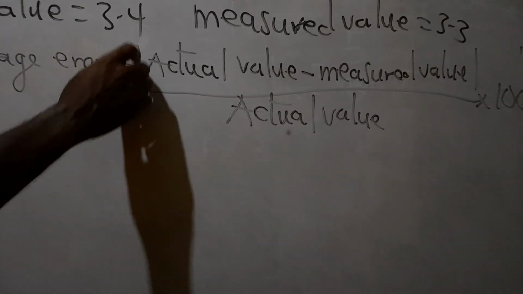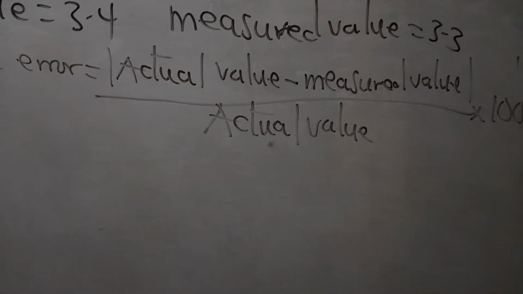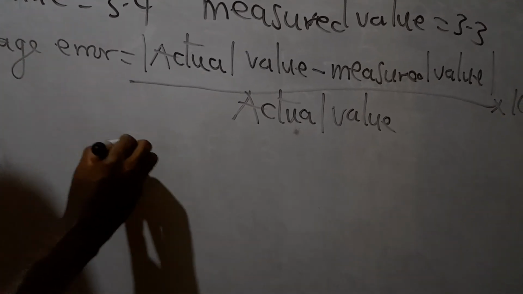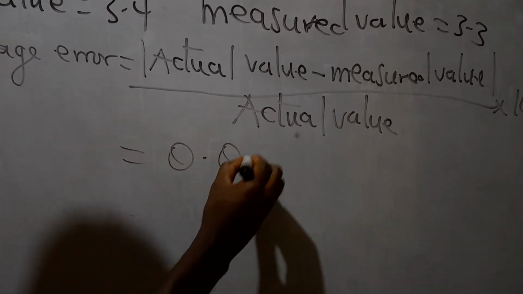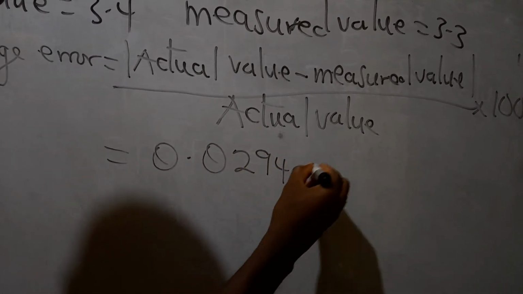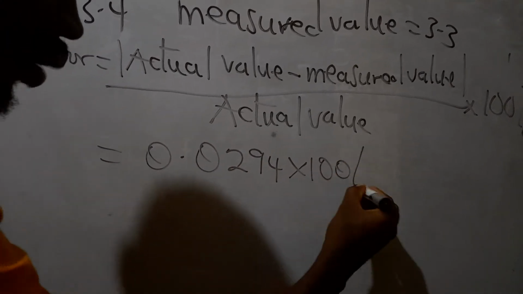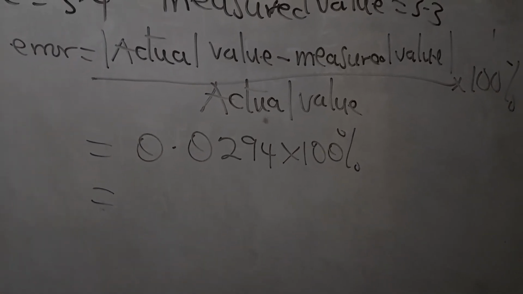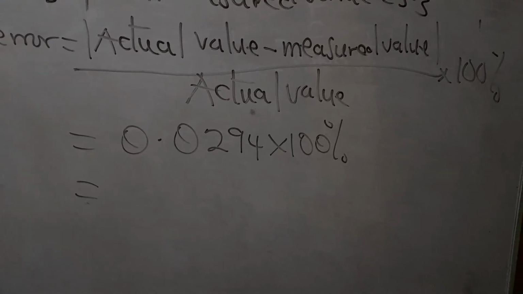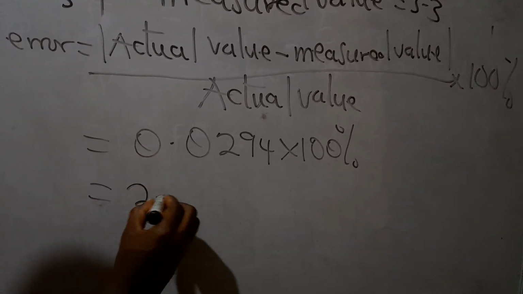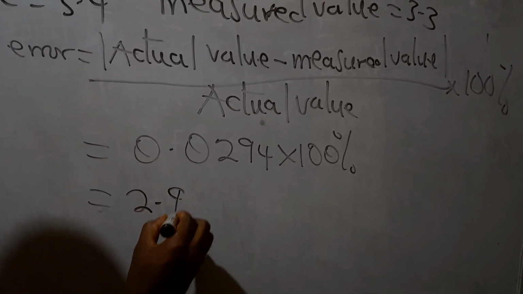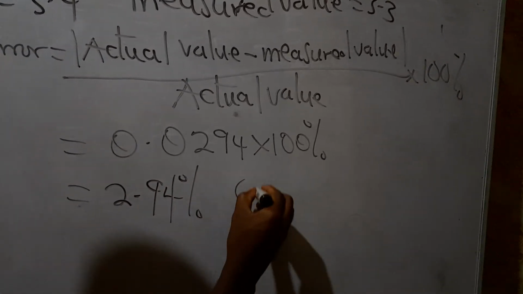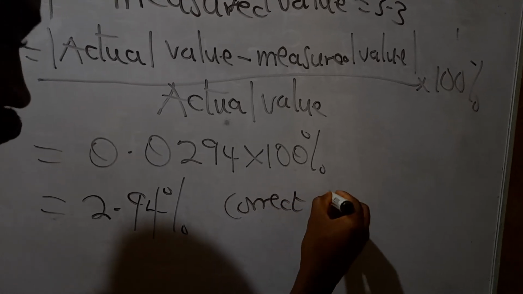Remember, when we computed the absolute value of actual value minus the measured value over the actual value, which is the relative error, we have 0.0294 times 100%. So 0.0294 times 100% will be 2.94%, correct to 2 decimal places.